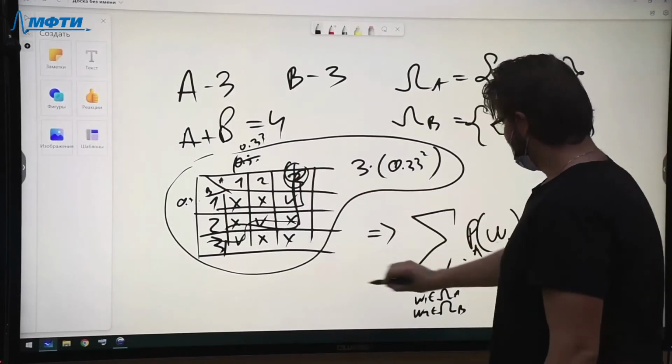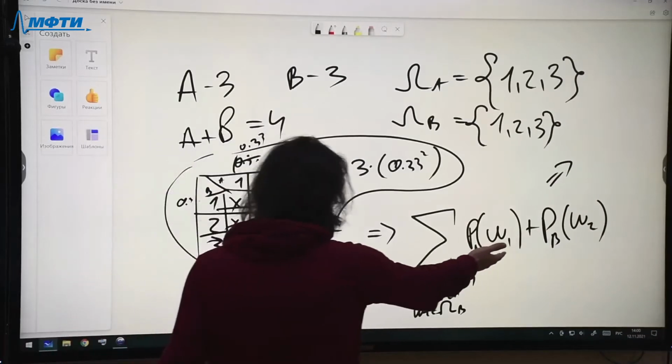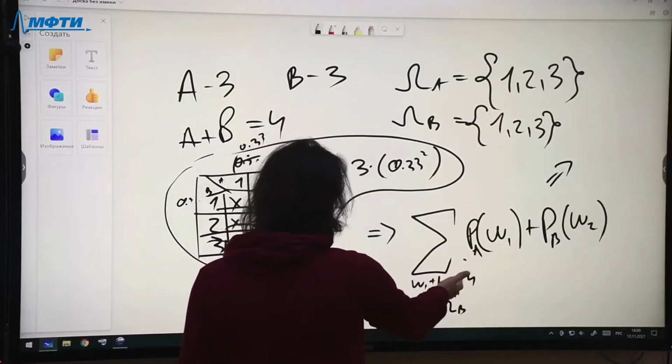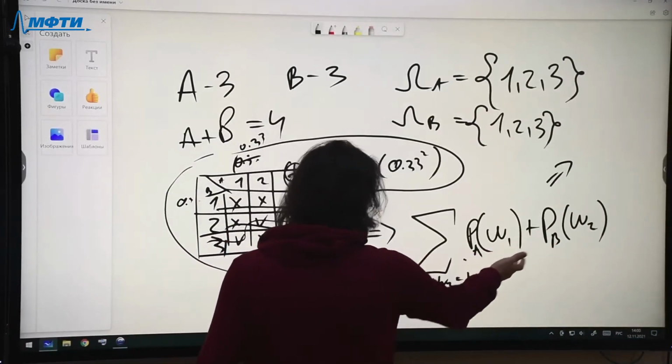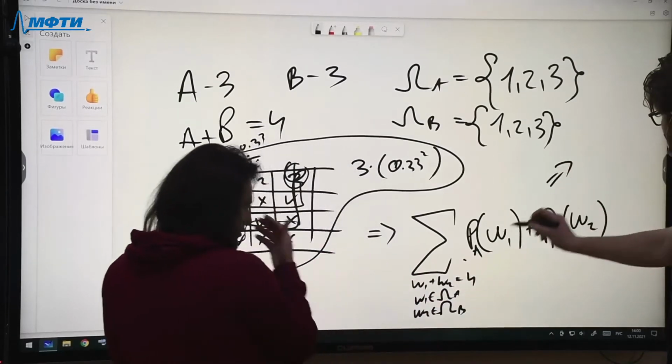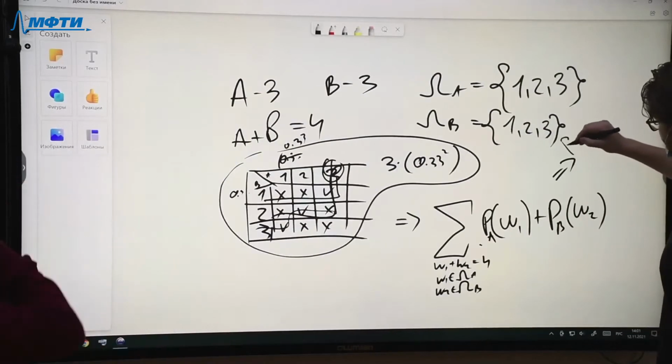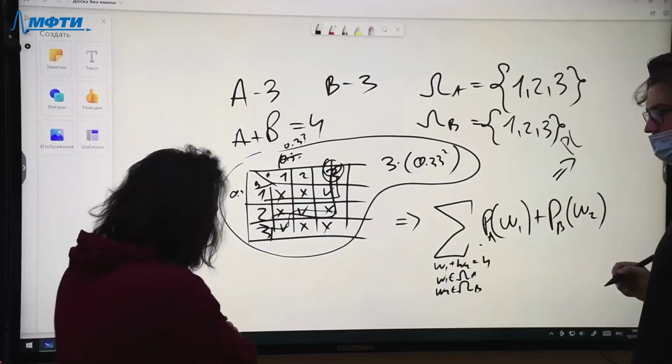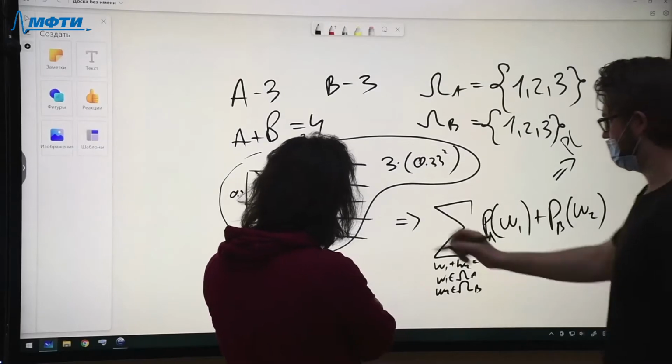Yes, but how are you going to find this? You're saying we have omega 1 and omega 2, so their sum is 4, and that's it. What is it going to be equal to? It's going to be equal to the probability. And not the sum, by the way. Why did I say sum?